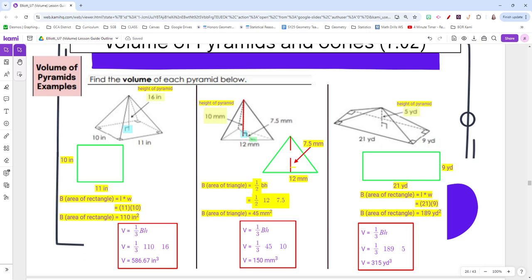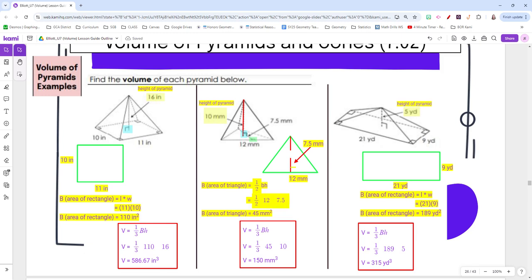Number 3 has a rectangular base. That rectangular base I've drawn out here in green and listed the length and the width. The height of the pyramid as given to me in the picture is 5 yards. First step is to find the area of the rectangular base. So we're going to multiply 21 times 9.